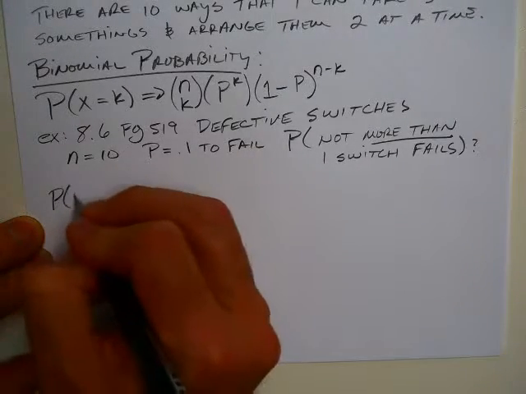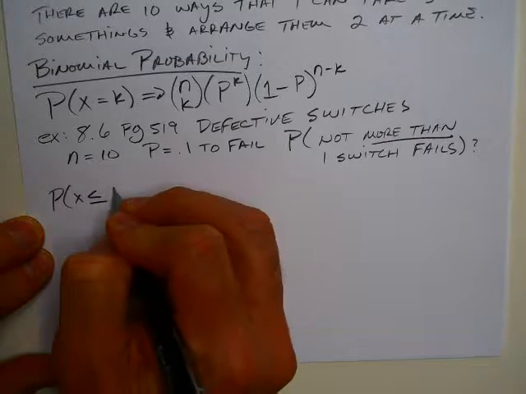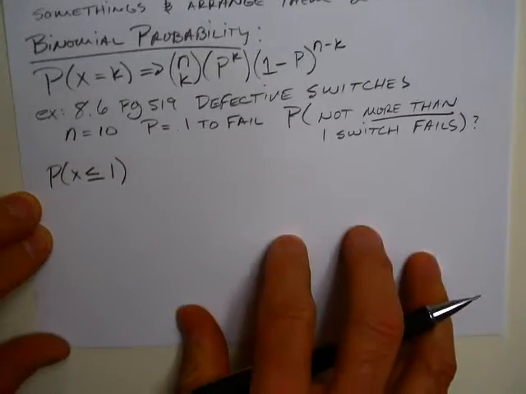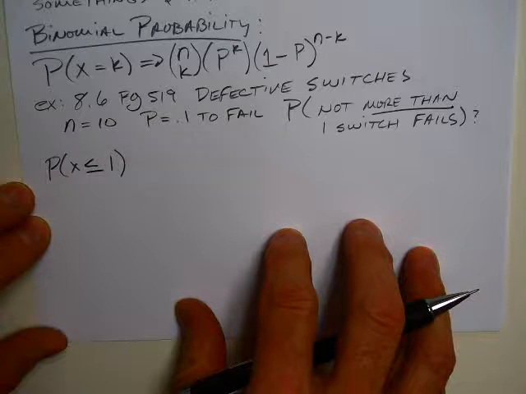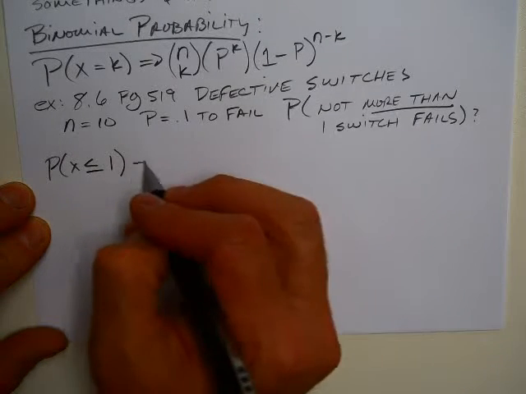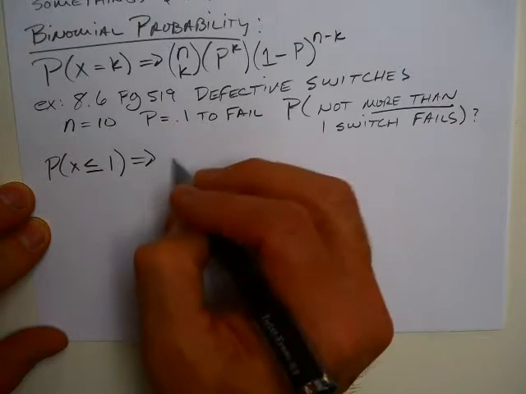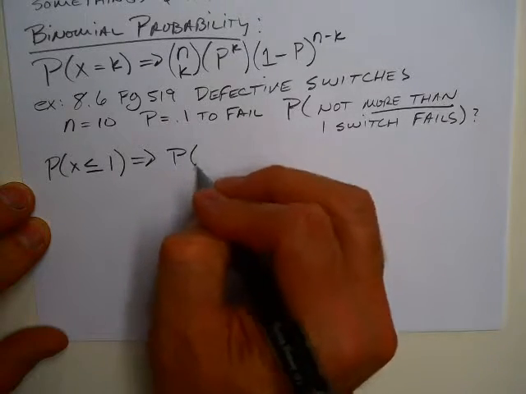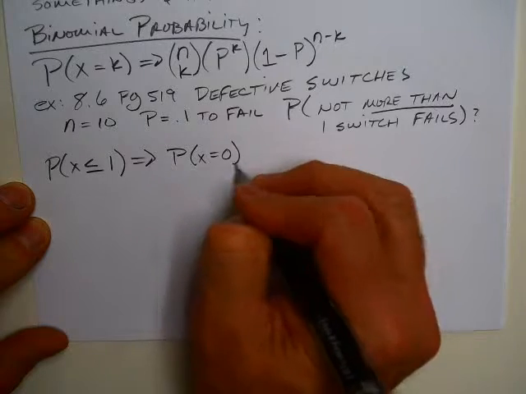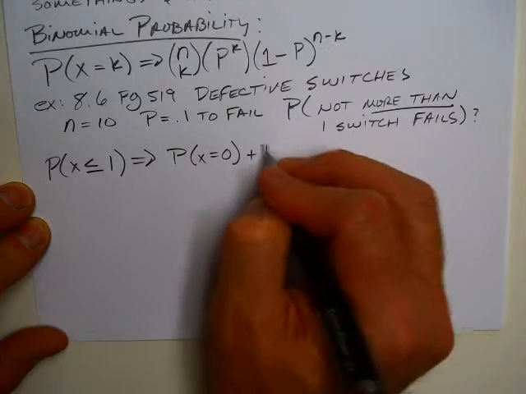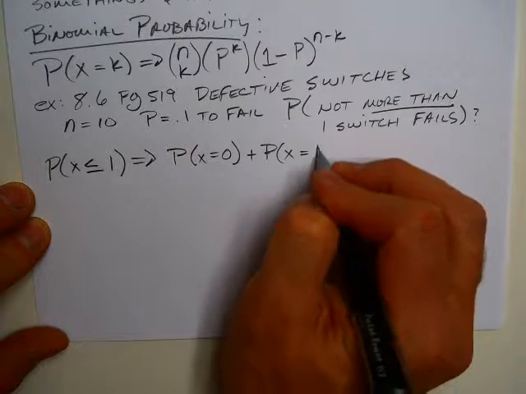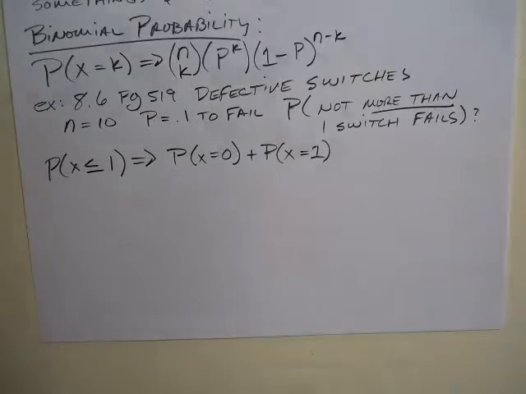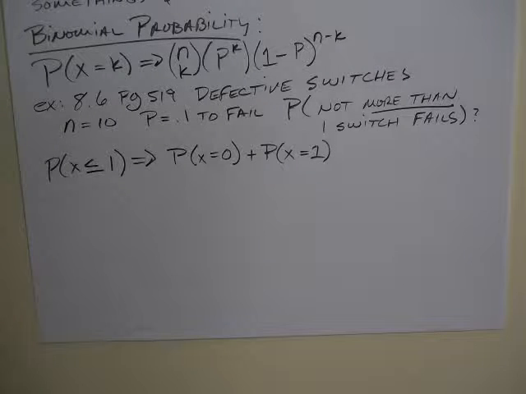What's the probability that x is less than or equal to 1? Which is going to ask us to figure the probability that x equals 0 plus the probability that x equals 1.